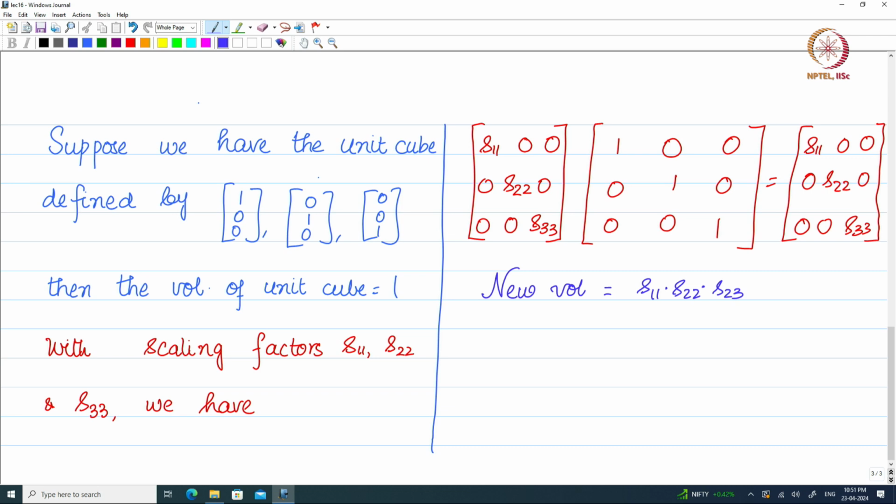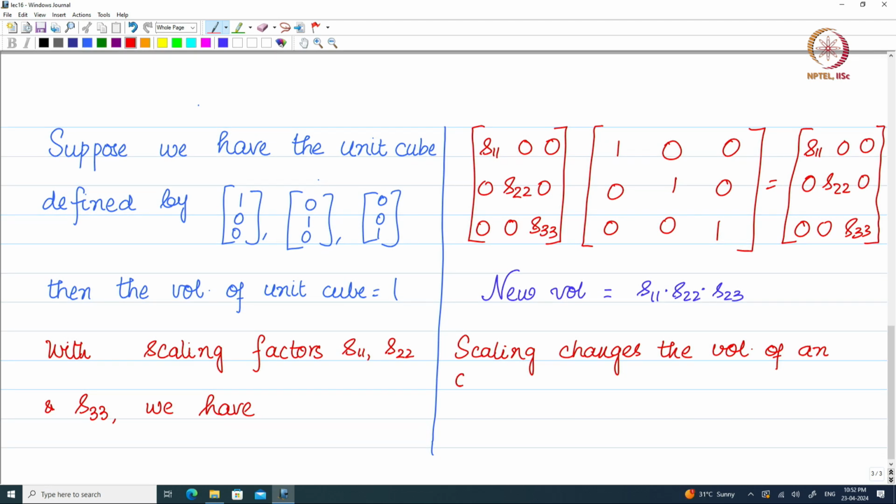So the product of these three gives the new volume, which means that whenever you do scaling, the scaling changes the volume of an object by a factor equal to the product of the scaling factors.